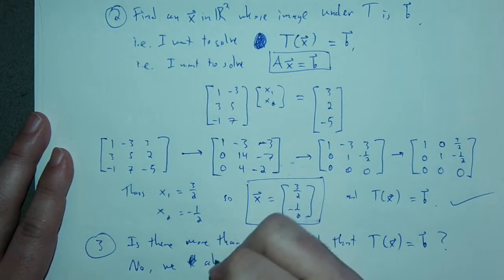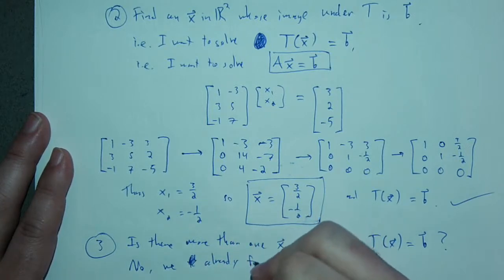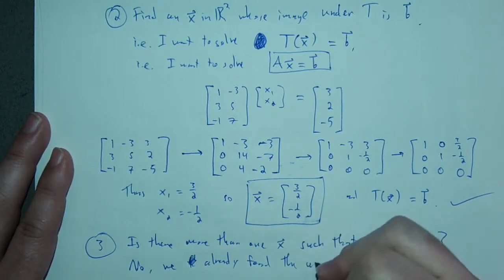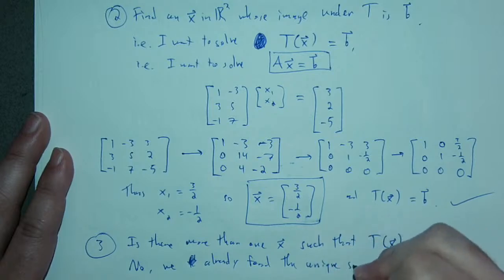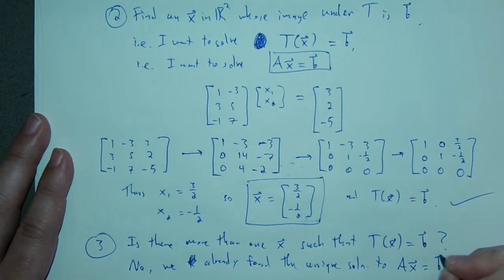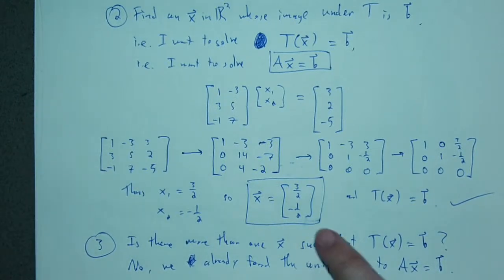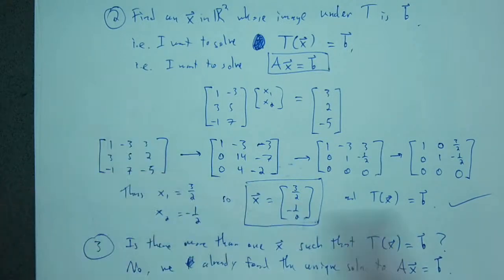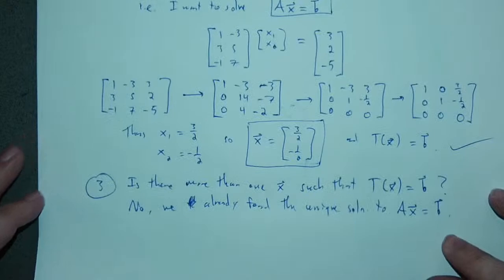We already found the unique solution. Right, so there it is. This is the unique solution, and there's not another one because there's no free variable here. Okay, if we had found a free variable so that we had just picked one, then the answer to this, of course, would be yes.